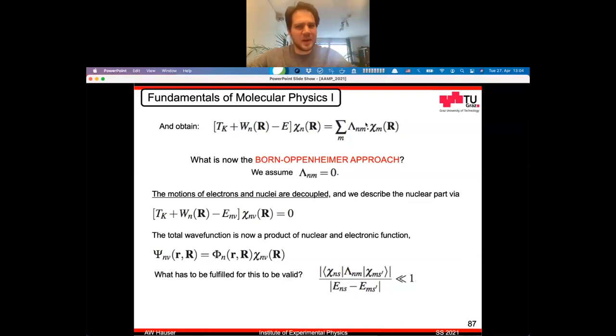But if we say, okay, this can be neglected and the coupling is very small, then we are in this Born-Oppenheimer approach where each electronic state gives a potential energy surface, and we can look at the molecular ways of how a molecule can vibrate by simply sticking to one electronic state and solving the problem for this potential energy surface, which is just an effective mass moving in this potential which stems from the electron energy. So, is this somewhat clear?